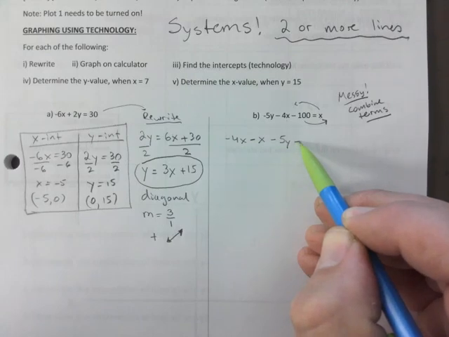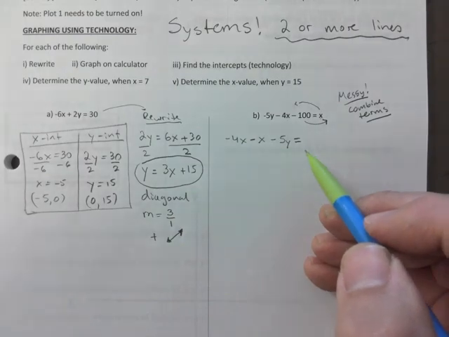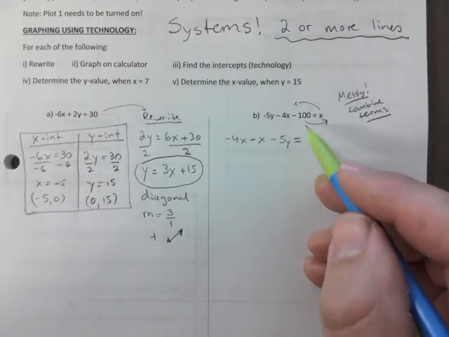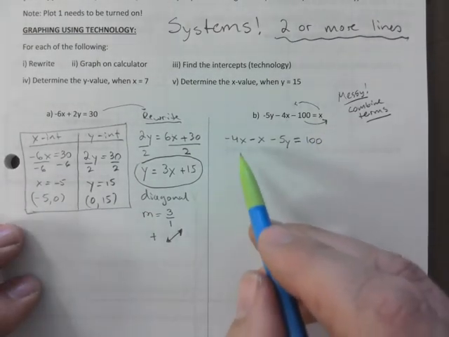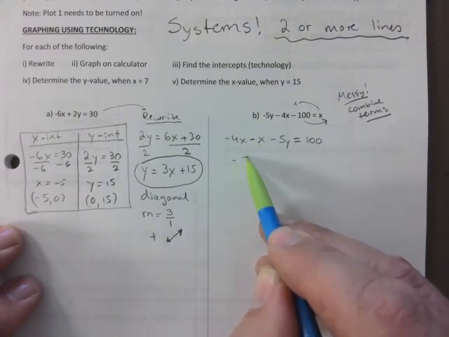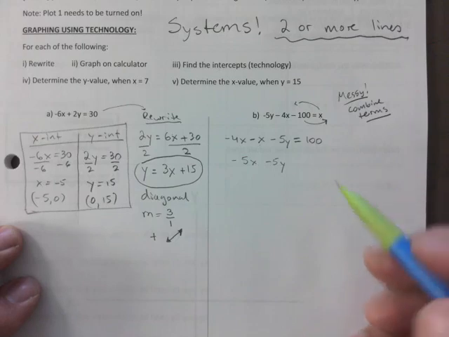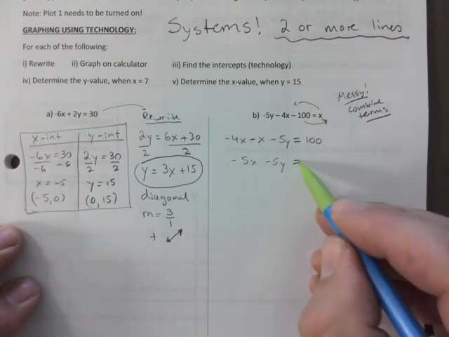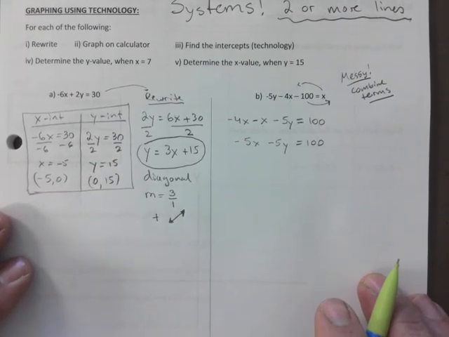Just take your time, but be able to do this somewhat fast, slow but fast. So don't spend too much time. Know what to do, and just be methodical with it. So negative 4x and negative x is negative 5x. You've got negative 5y. And you've got the 100 on the other side. Now I have it the way I would like it to be in.